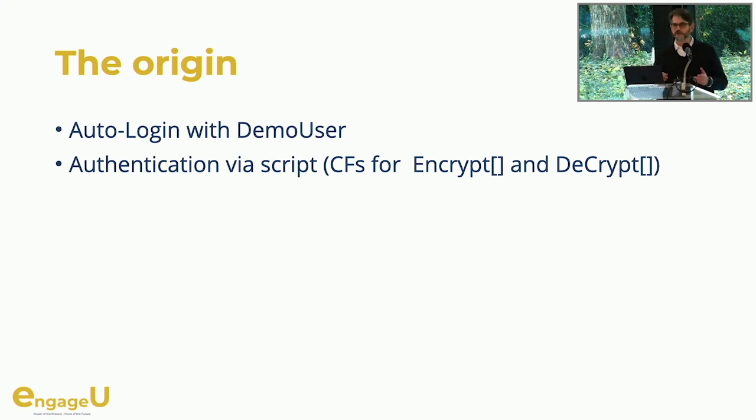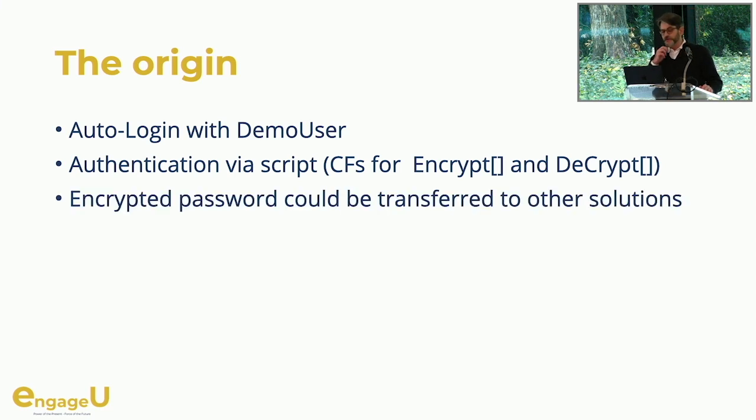That was all seemingly quite nice, because we were able to transfer those passwords to different solutions and use them in different places. Because we have a vertical solution, a user might not be just active in one file, but in many files, or not only in one server, but on many servers, etc.